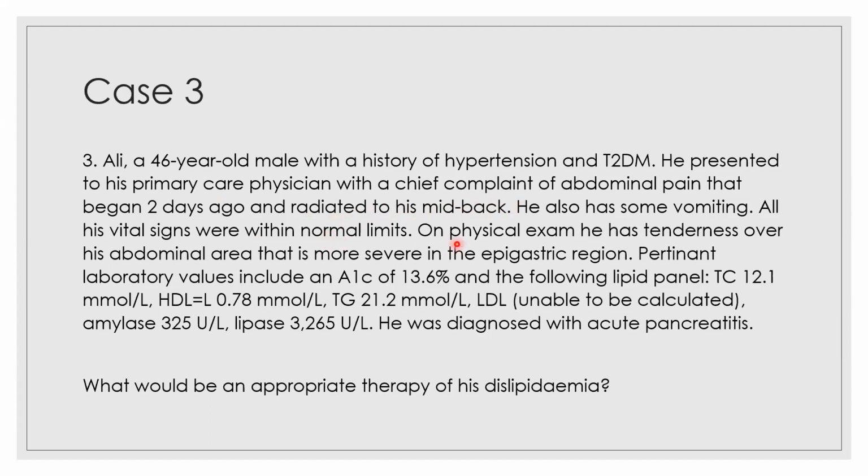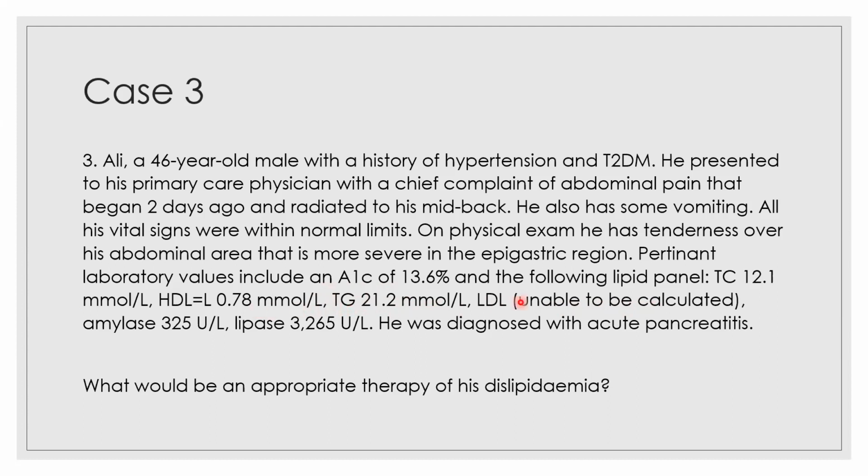On physical exam, he has tenderness over his abdominal area that is more severe in the epigastric region. Pertinent laboratory values: A1C 13.6, which is very high. Lipid panel: TC 12.1, HDL 0.78, TG 21.2, very high.